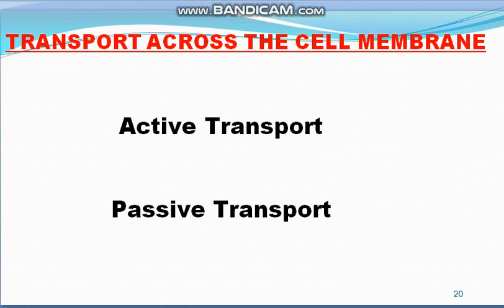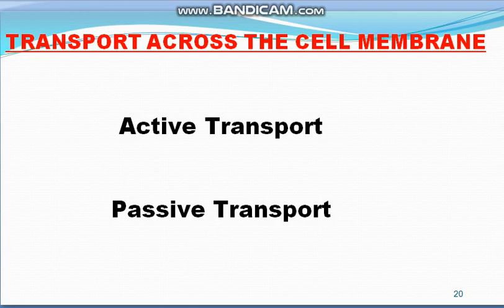So this is about active transport. When energy is used to go across the cell membrane for some molecules, then it is active transport, and energy is used because it goes against the concentration gradient, that is from lower to higher concentration.